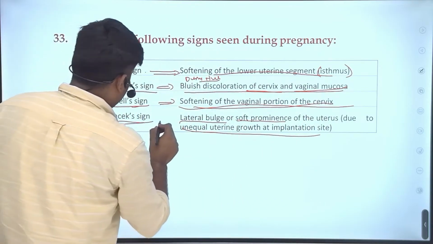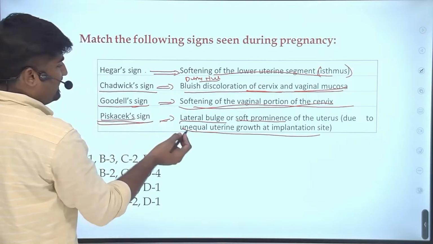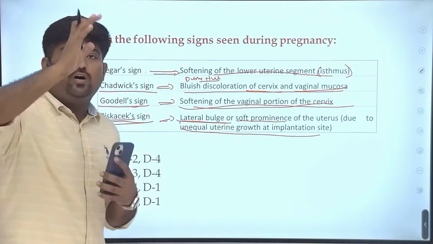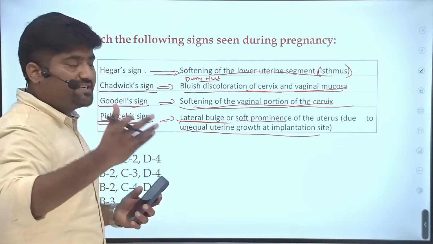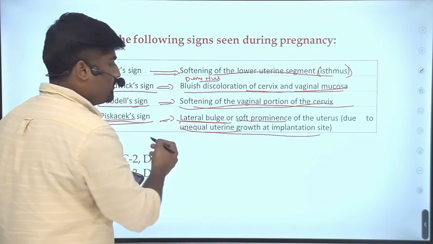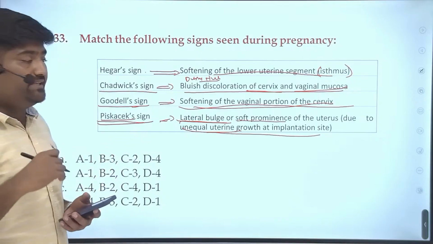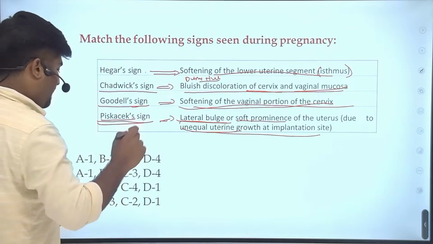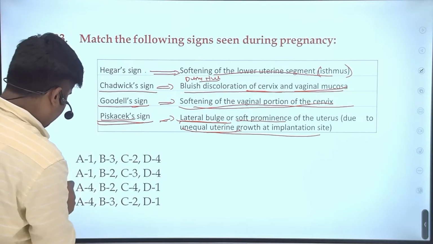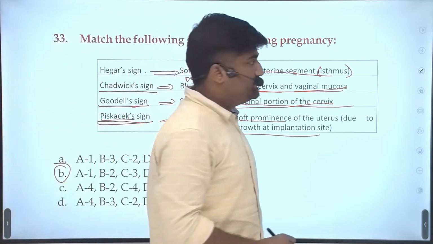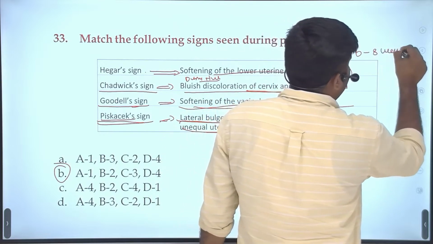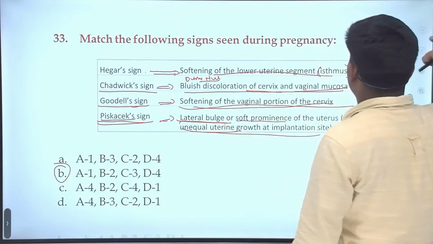And Piskacek sign, lateral bulge or soft prominence, that will be abnormal. In the implantation side there will be unequal uterine growth. So now tell me, sometimes they may trick you. Don't confuse here. The answer will be B. These most probably occur at 6 to 8 weeks. Okay. Yes.